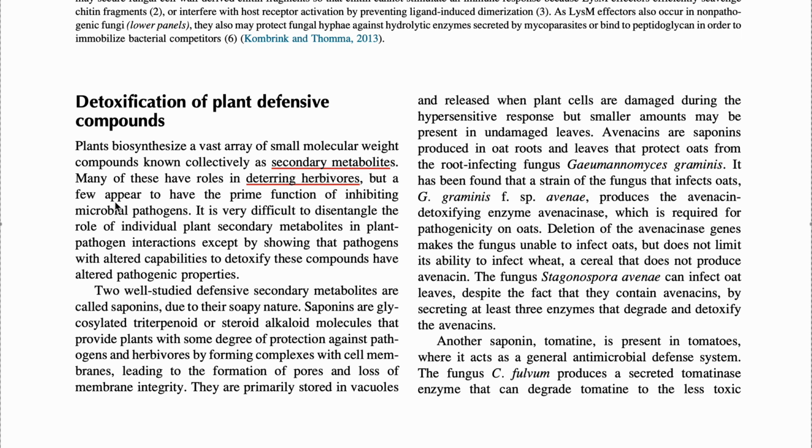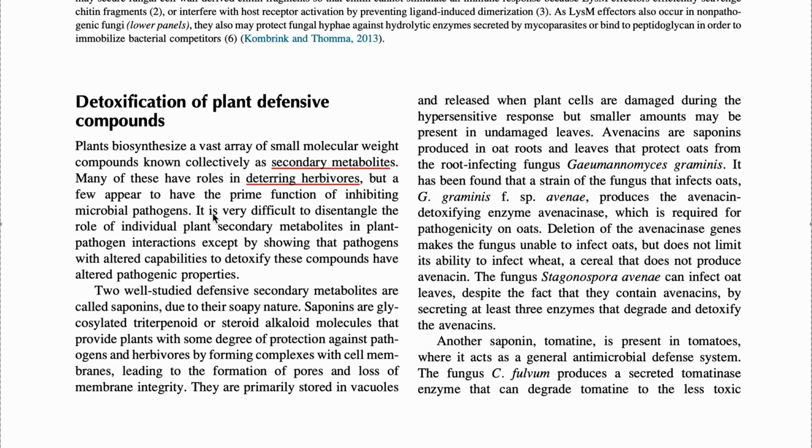But a few appear to have the prime function of inhibiting microbial pathogens. Now, look, plants biosynthesize many secondary metabolites, but not all function to inhibit microbial pathogens. Only a few work in that way, okay?